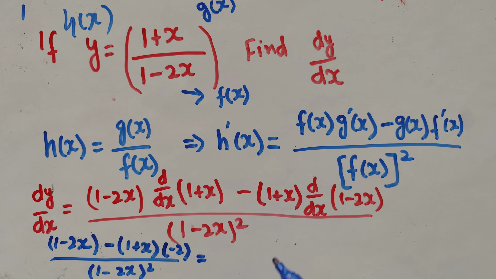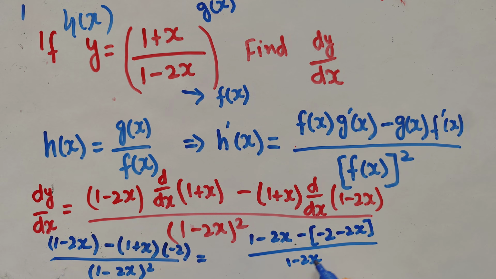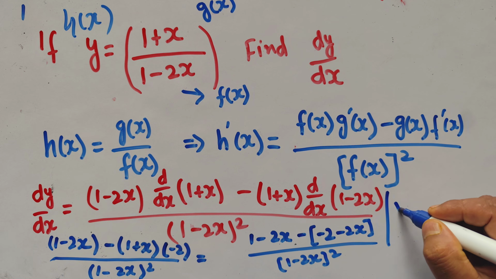So we have 1 minus 2x, then we have minus 2 into 1 is minus 2, then we have minus 2 into x is minus 2x, divided by 1 minus 2x whole square.